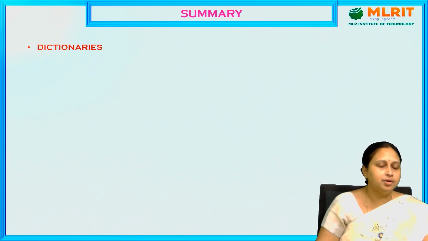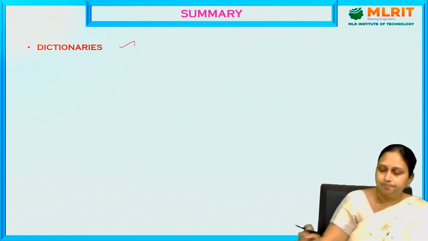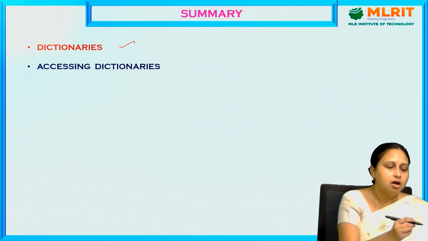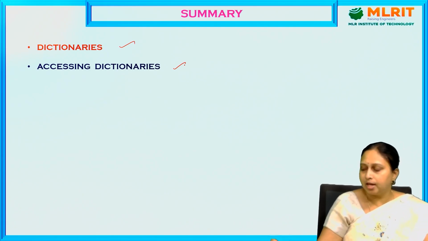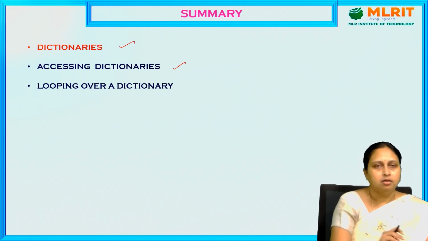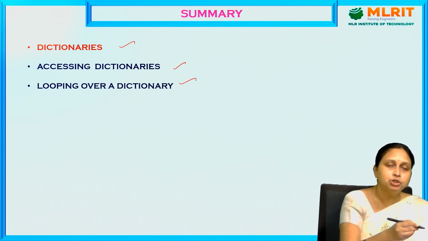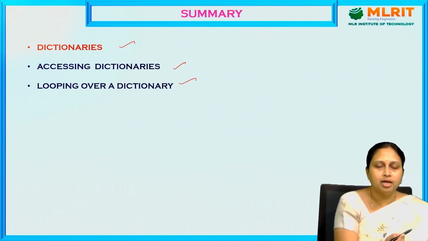Let us see what we have seen in this particular session. We have seen what dictionaries are, how to define a dictionary, the syntax for defining a dictionary, and how to access dictionaries using key value pairs. We looped over a dictionary using a for loop, and saw how we can access the keys as well as both keys and values using dictionary.items.